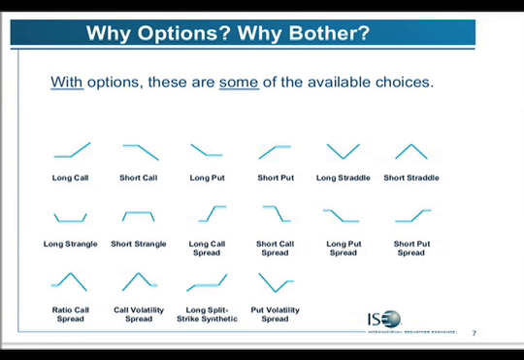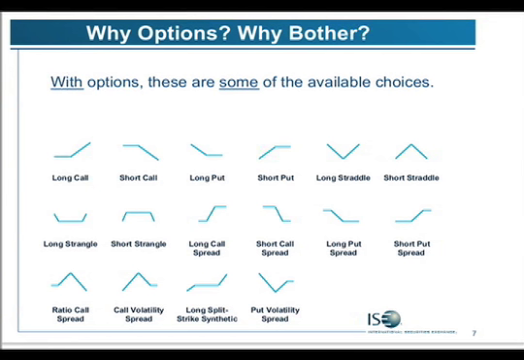This slide 7 is very powerful, extremely powerful. Why? It gives you the payoff diagrams of 16 different strategies in a snapshot. If I'm looking at the risk reward of a call strategy, I would just look at this one.